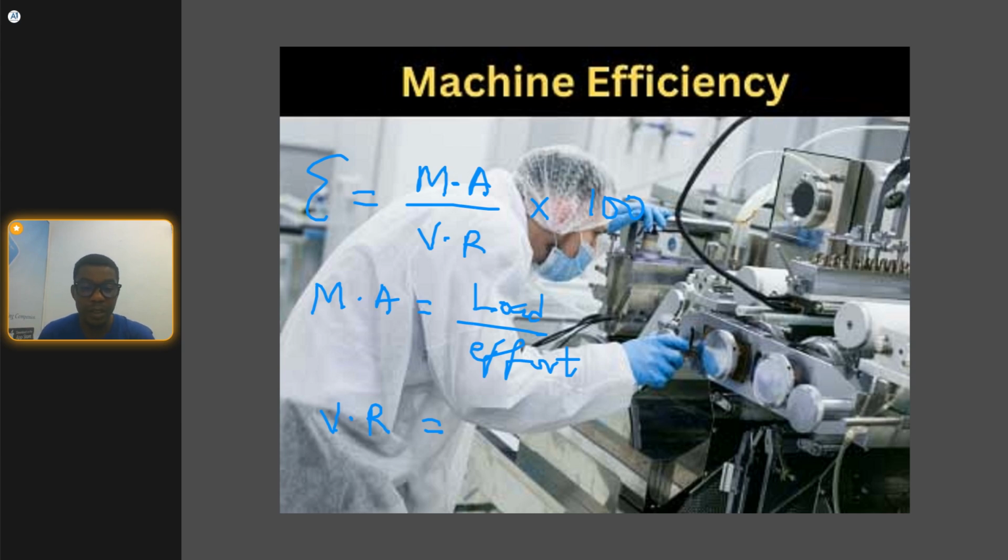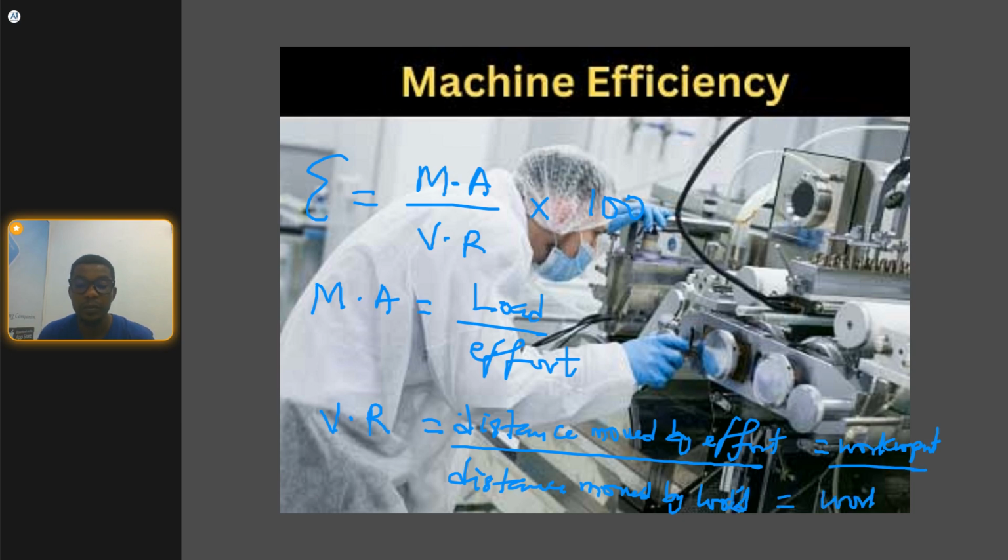We said velocity ratio is the distance moved by effort, which is also the work output, over the distance moved by the load, which is also over the work input.